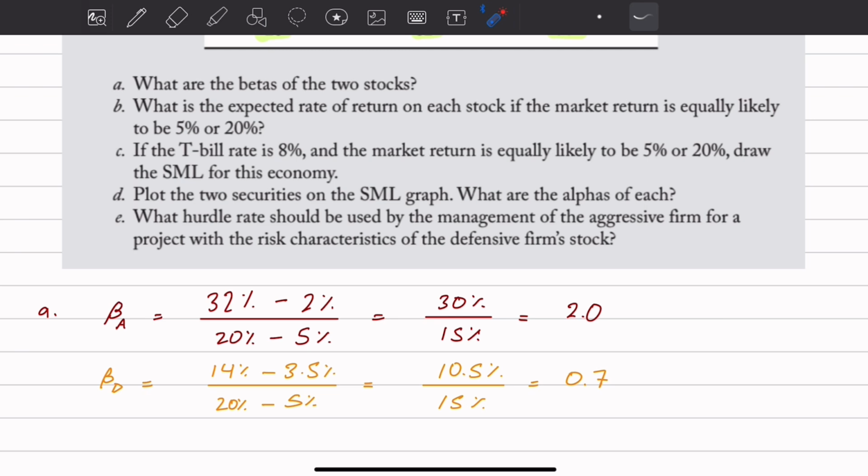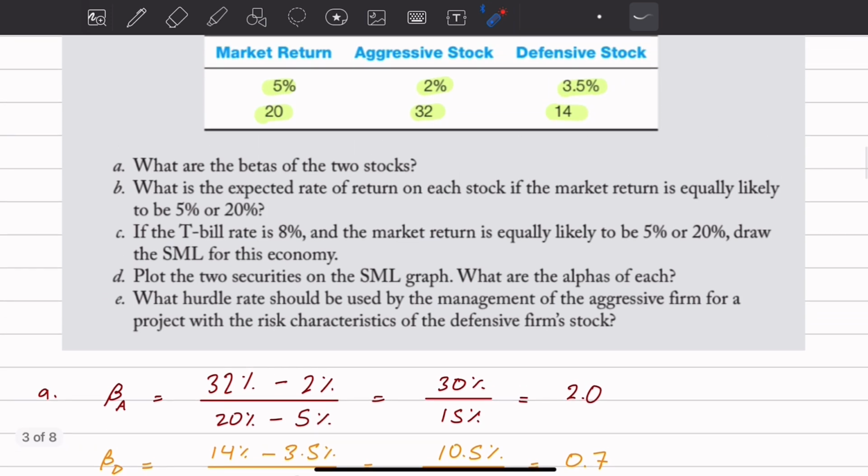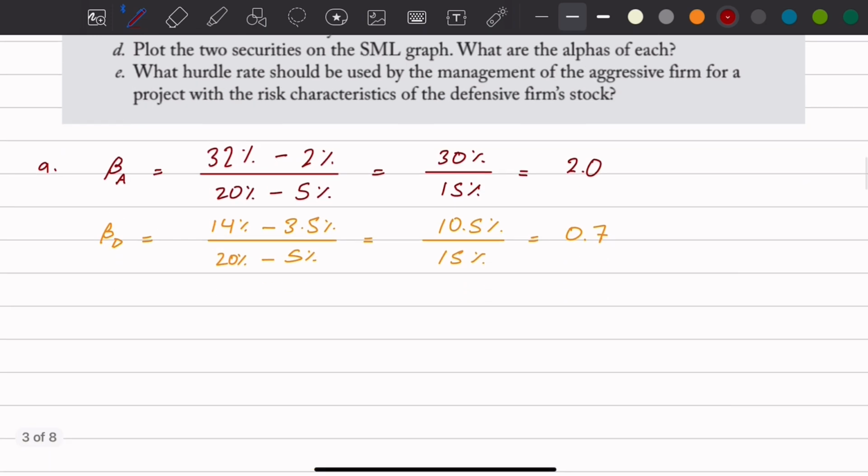And correspondingly, for each of the stocks, that means there is a 50% chance that the aggressive stock will generate 2%, and there is a 50% chance that the aggressive stock is going to generate 32%. So based on that, we can either add these together and then divide them by 2, or we can just multiply their total by 0.5.